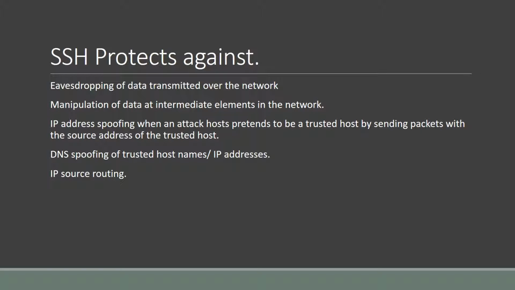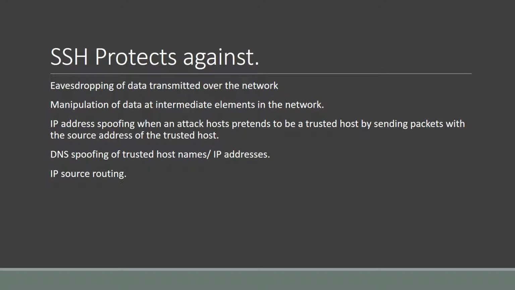Secure Shell protects against a number of things, such as eavesdropping on data being transmitted over the network. It also protects against the manipulation of data at intermediate elements through the network.